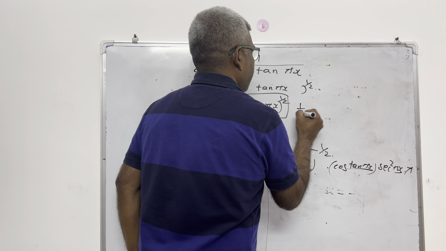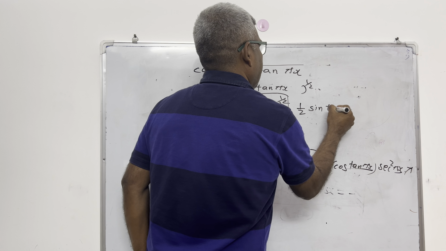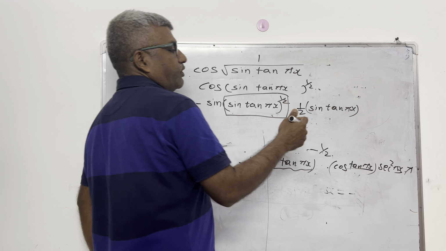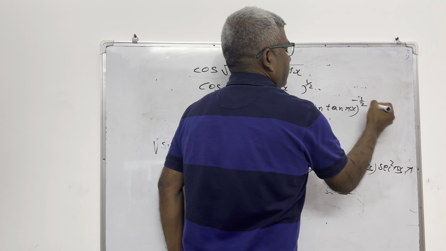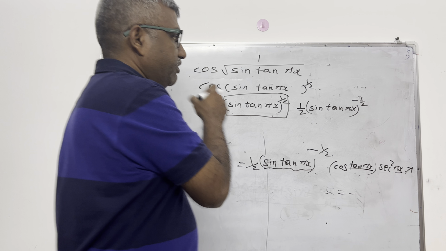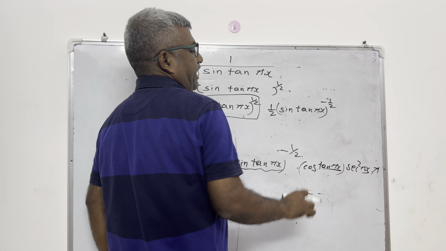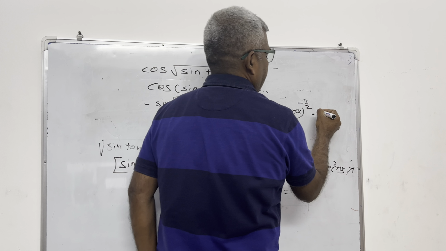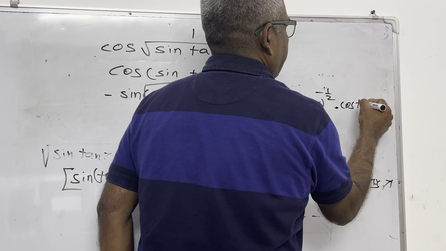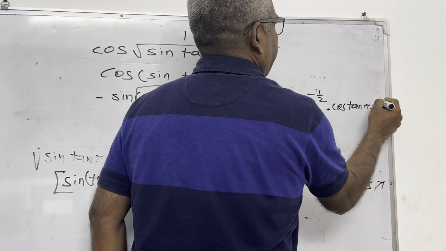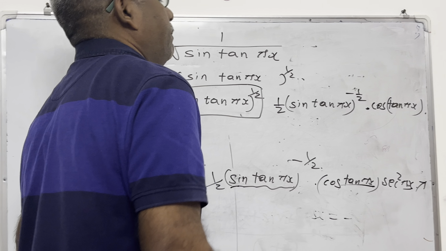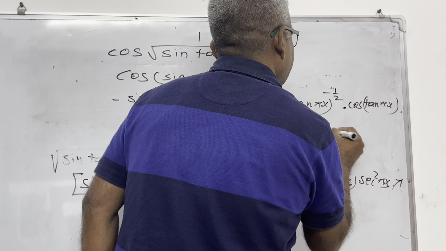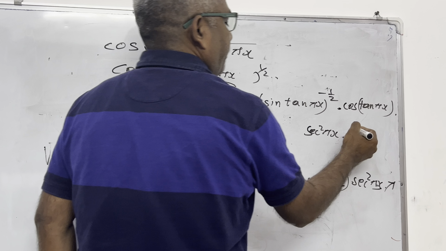So half sin tan pi x, n minus 1, half minus 1 is minus half. Okay. Now instead of x, what is there? Sin tan pi x. Sin x if we differentiate, cos x will come. Cos, instead of x, we are putting tan pi x. Okay. Then tan pi x, if you differentiate, secant squared pi x. Then pi x, if you differentiate, pi.